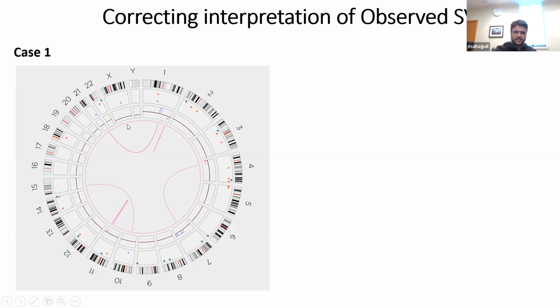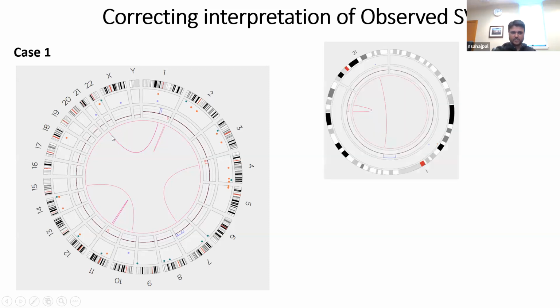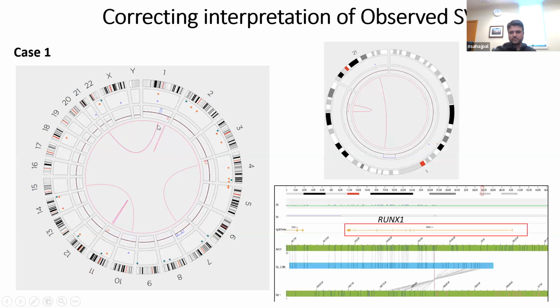You can see that there's no copy number gain on 21, which should have been 3 copies if it was 3 copies of 21. But we can see there's a translocation from 21 to 1. And if you zoom in, you can see that this translocation actually breaks right in between the RUNX1 gene.